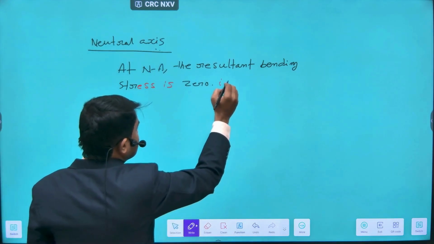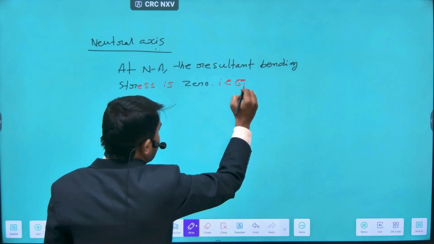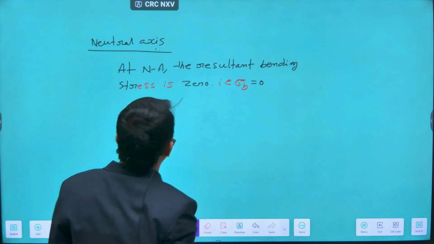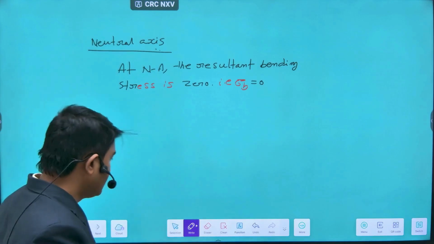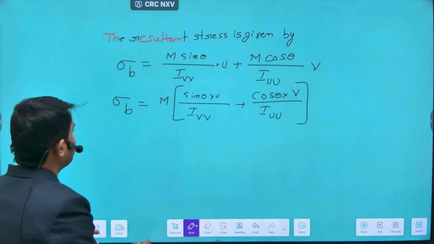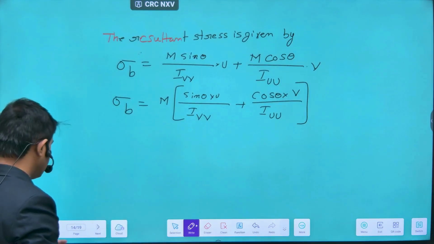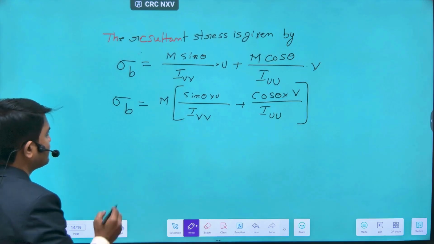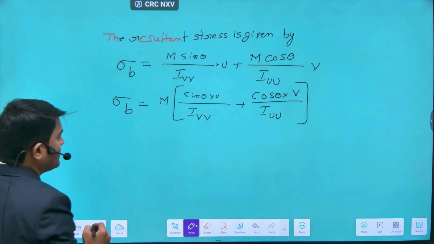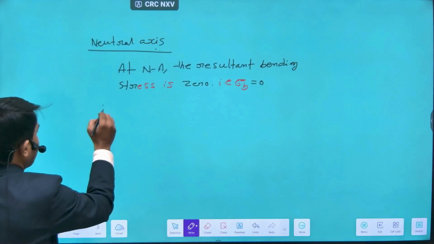That is nothing but sigma B is equal to 0. So in the above bending equation, please keep the bending stress as 0.